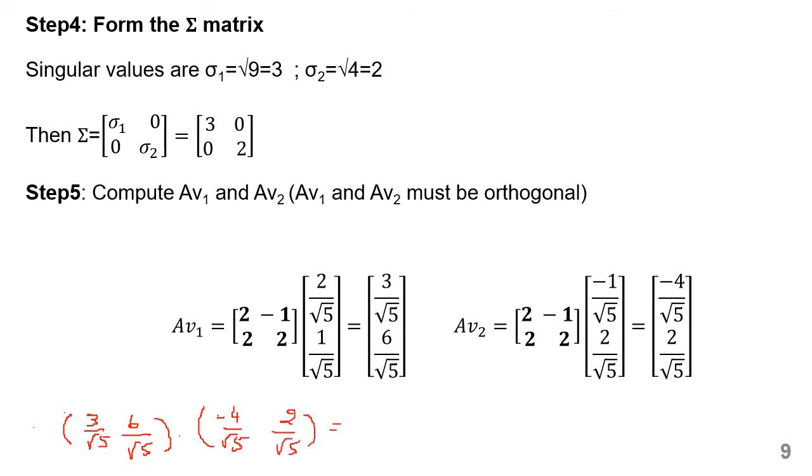So you get minus 12 divided by 5 plus 12 divided by 5, that is equal to 0, which means AV1 and AV2 are orthogonal to each other.